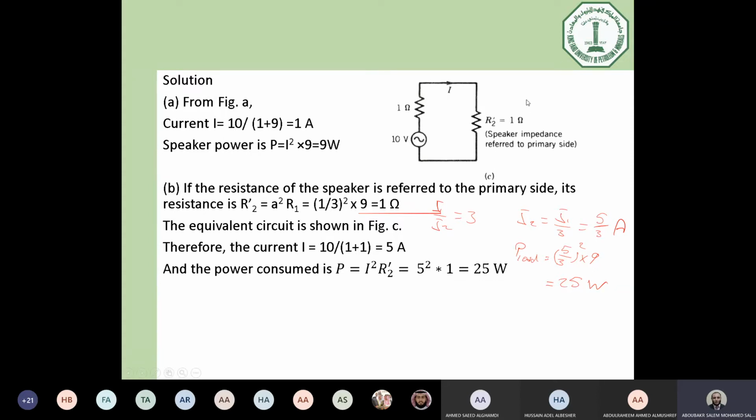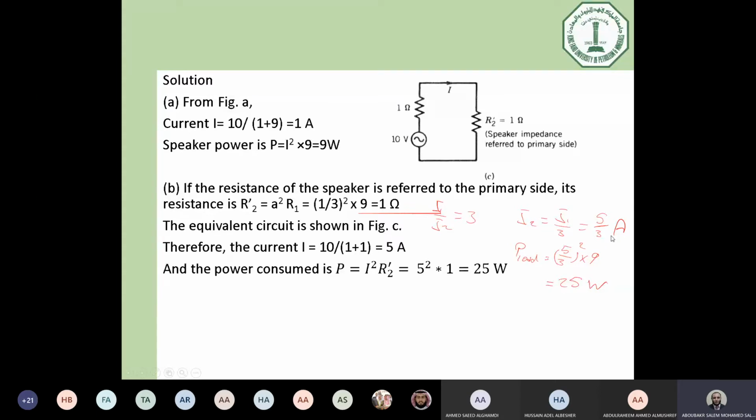We can calculate this referred to the secondary as well. How? Just by calculating the secondary current based on the actual primary current. So we have I1 divided by I2 equals 1 divided by a, which is 3 here. So I2 equals I1/3, and the reflected current to the secondary side will be 5/3 ampere.